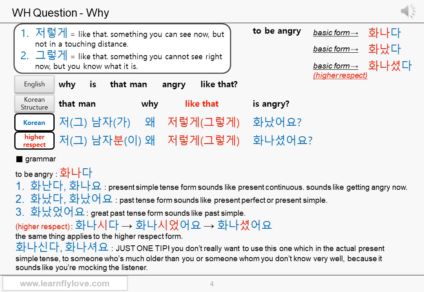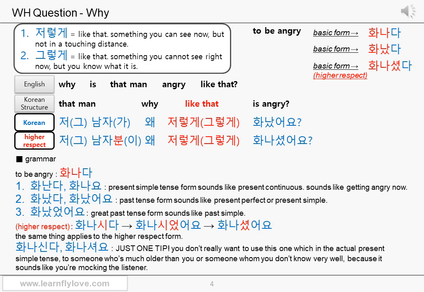It's 화나요. Okay? The thing is, when you use this actual present simple tense of the adjective "angry" with the honorific suffix 요, 화나요 in Korean, it actually sounds like "I'm getting angry now," as if it is in the present continuous tense. It's a kind of an exception like the adjective "handsome" that we learned in usual lesson 3.